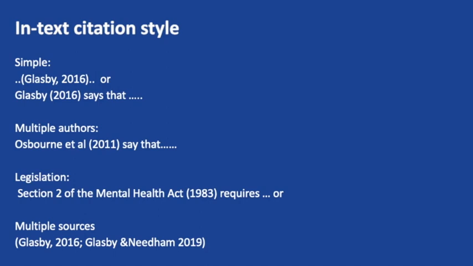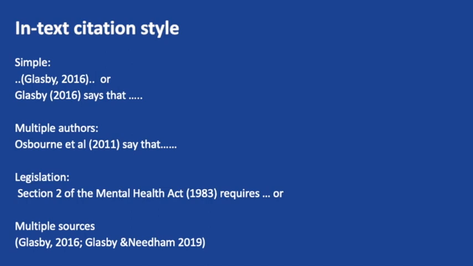The idea being, again, that can take you back to your reading list where they can see Osborne as the first name and then see who all the other names were in that reading list. And in the same way as with the simple style, you might have Osborne et al. 2011 in one set of brackets, or you might have the name outside with just the date in the brackets as part of a more direct quotation.